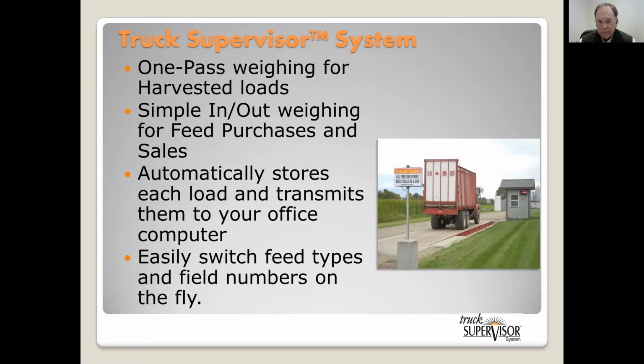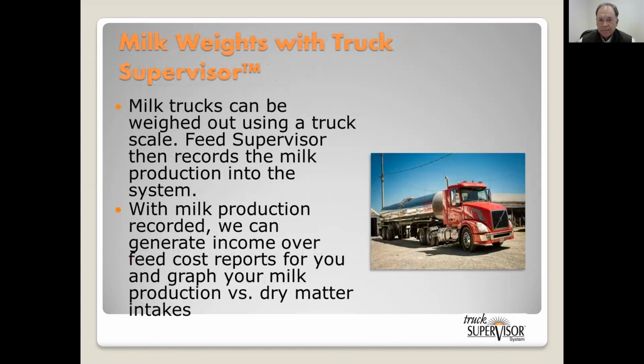the harvest routine. The other thing that we use is a card system so that we can better manage incoming feeds. So if a semi shows up with a load of cottonseed, the driver just goes and grabs the card, swipes it across a card reader, and now the system knows that it's cottonseed that's coming in.